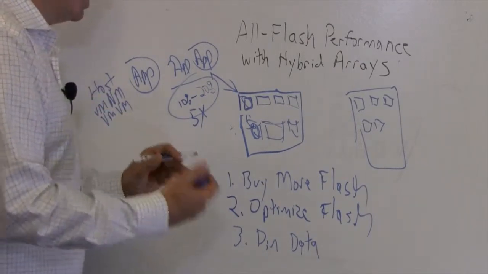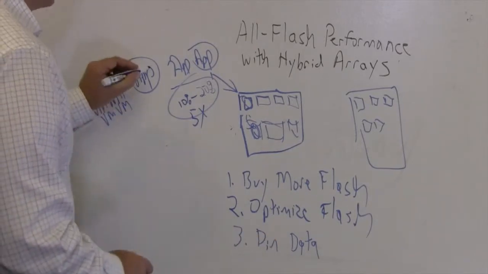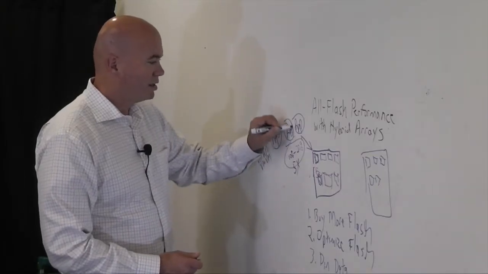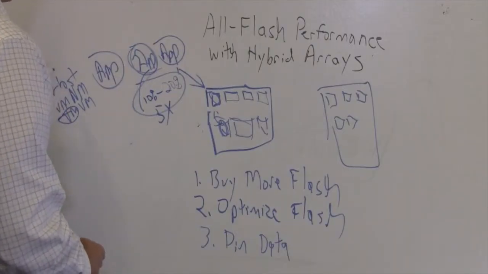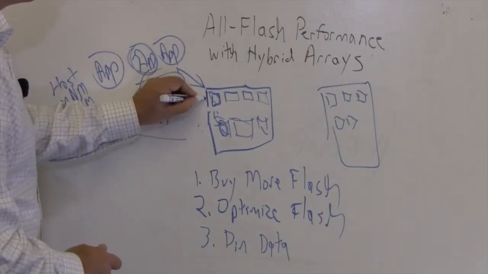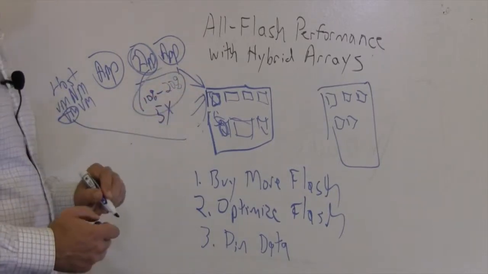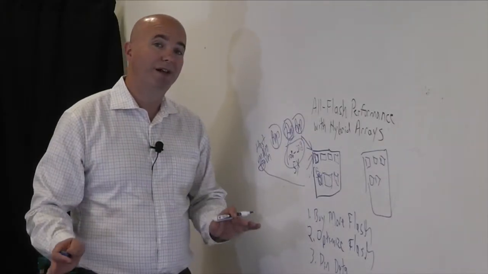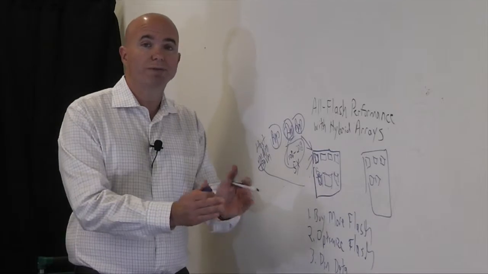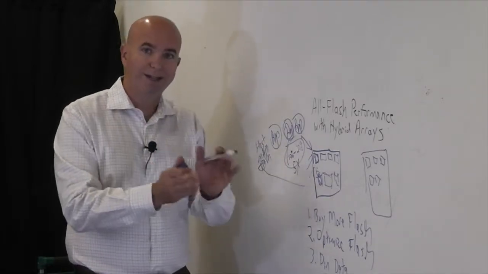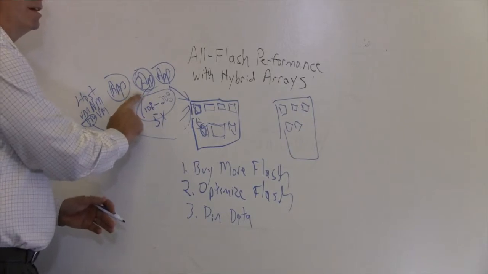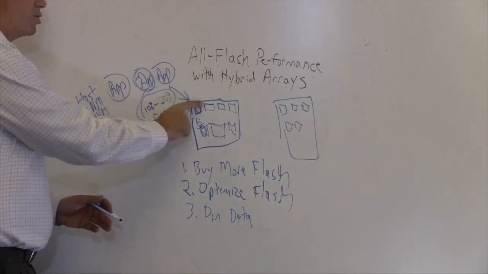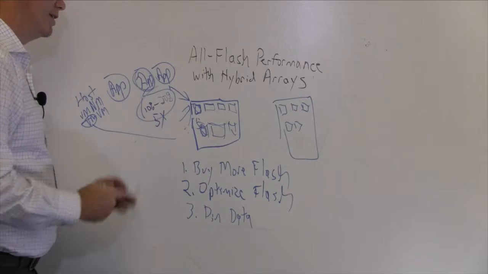By pinning data, I'm able to say, okay, this application's data and this virtual machine on this host's data, I want to make sure those are locked into the flash tier so that they'll never leave that flash tier. Obviously that consumes flash space and dedicates it, but for very critical applications, that's the right way to do it.